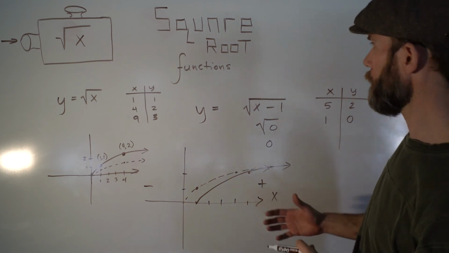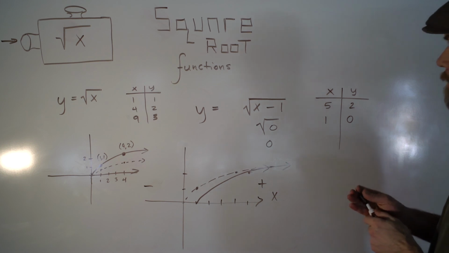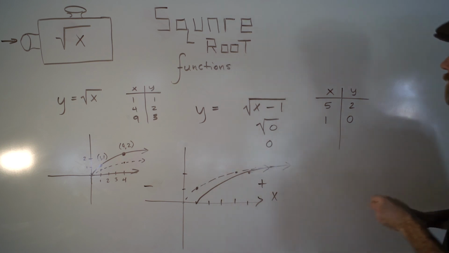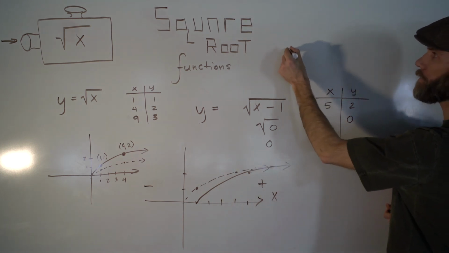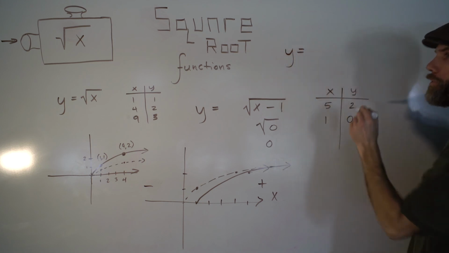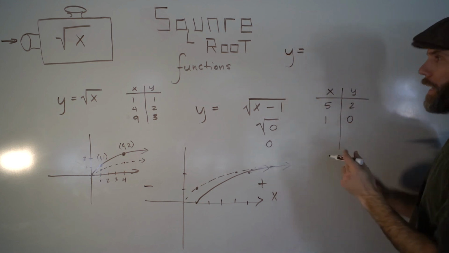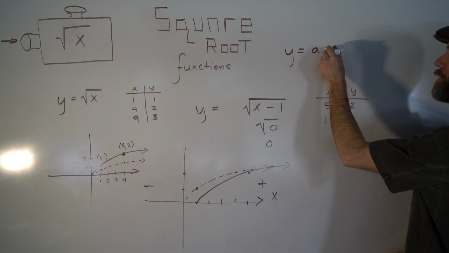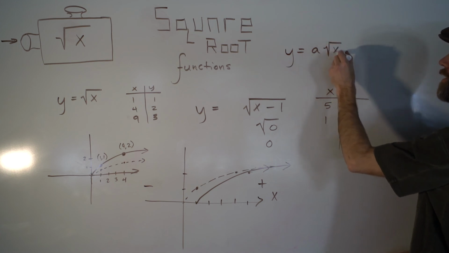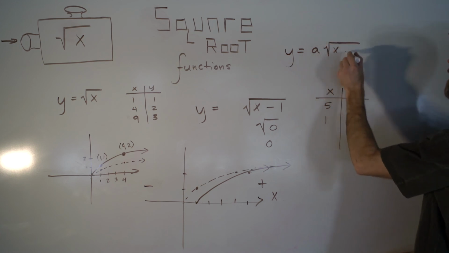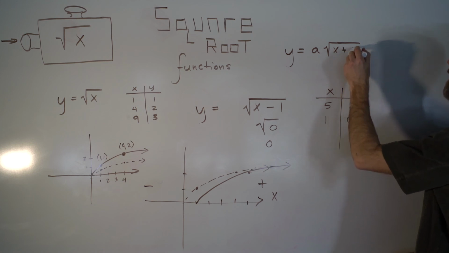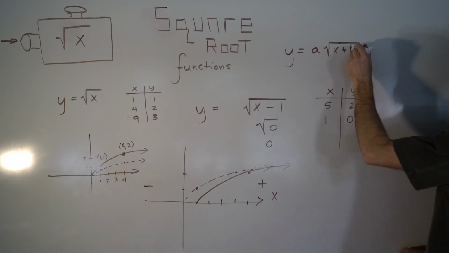So what have we covered here? We've covered several different moves compared to a parent graph. We've covered what happens when there's something out in front here like this. We've covered what happens if there's a plus or minus something in here, like a b.